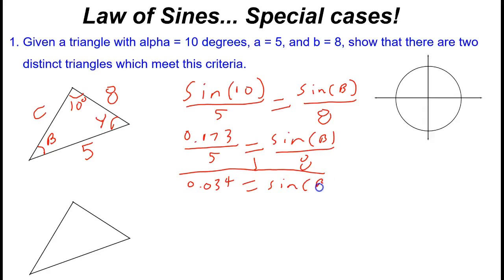Don't worry, we'll get rid of it soon. So if we multiply both sides by 8, we'll get sine of beta by itself. Now we've got sine of beta right there.